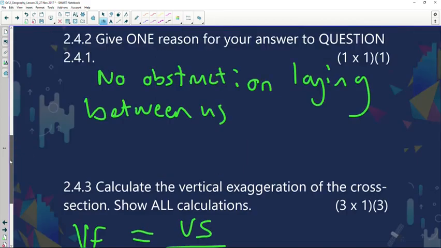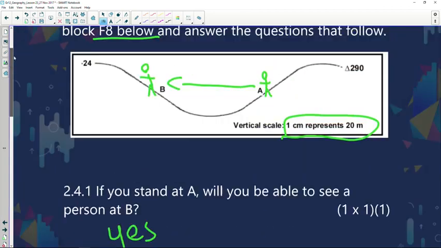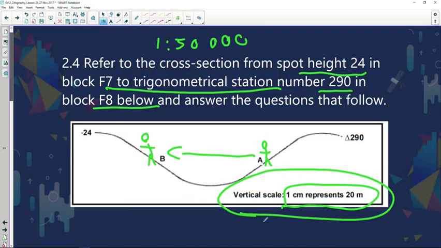Now go back to your cross section. The cross section was drawn from the spot height 24 and the trig station number 290 on the 1 to 50,000 topographical map. So immediately, what's going to be your horizontal scale? 1 to 50,000. Like I've mentioned, the examiner will always provide you with the vertical scale.